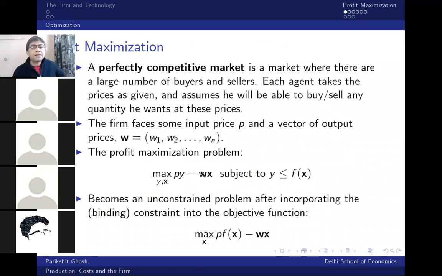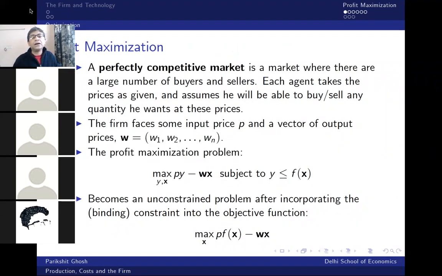All right, so let's now focus on the profit maximization problem. We'll assume to start with a perfectly competitive market. One of the lessons as you go through studying microeconomics is that this assumption matters a lot.